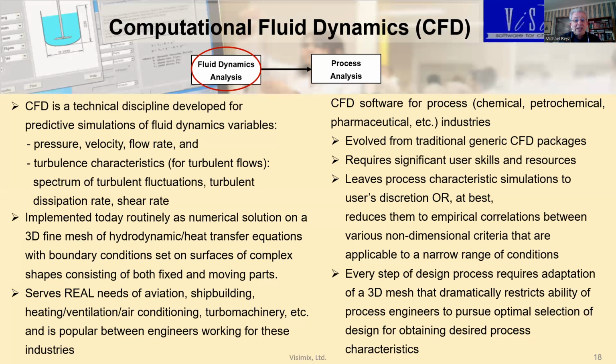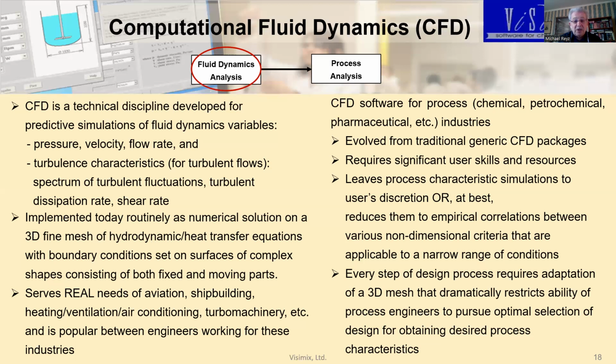It serves real needs of many industries, and it is popular there because engineers working for these industries really like it. CFD is software for process industries, such as chemical, petrochemical, pharmaceutical, and so on.